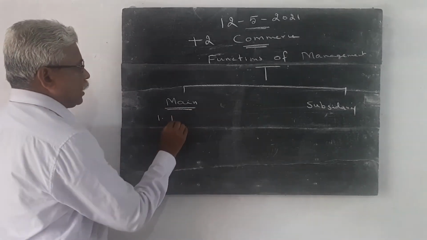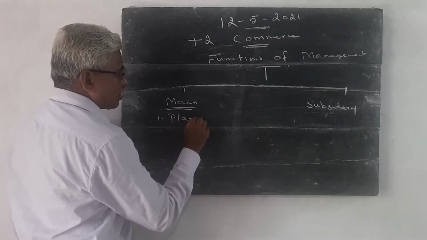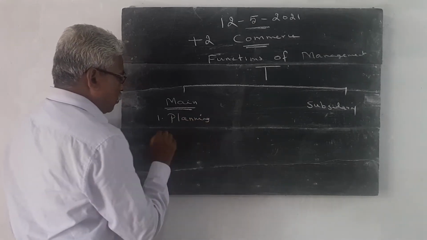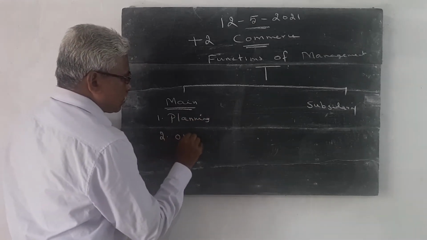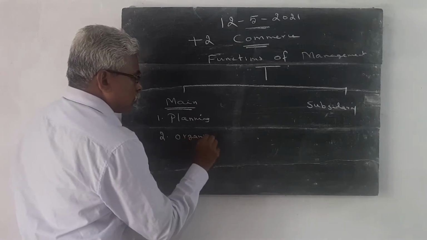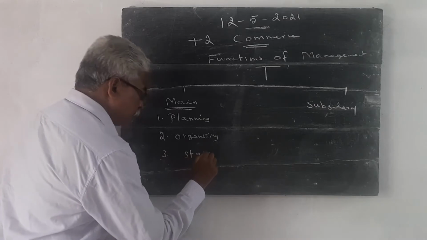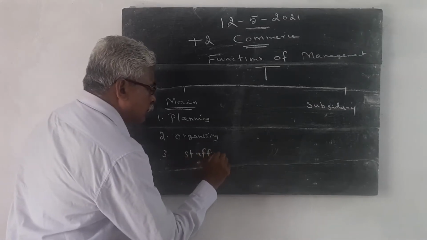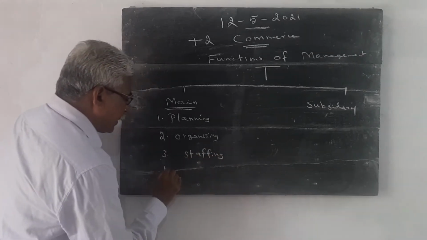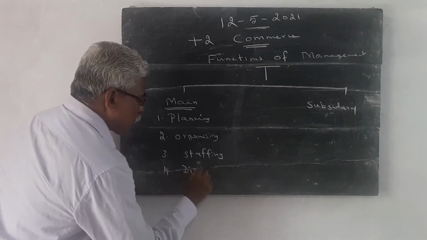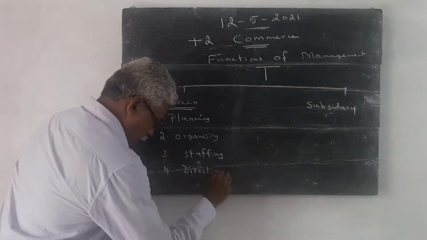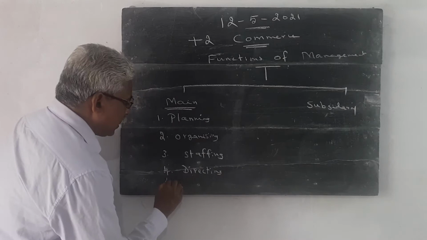Number one, planning. Number two, organizing. Number three, staffing. Number four, directing. Number five, controlling.